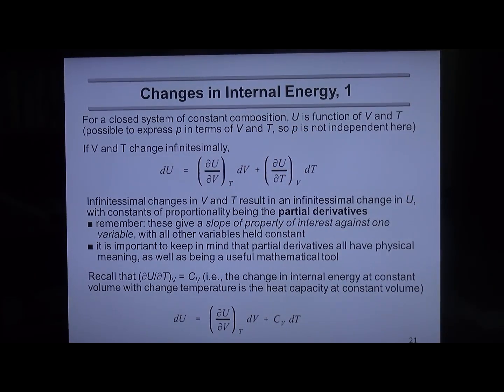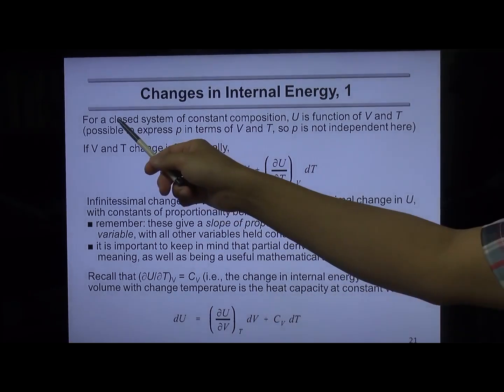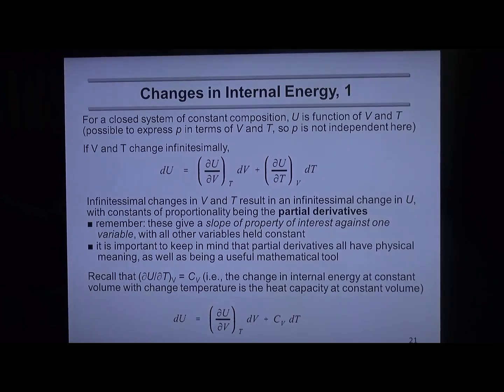You remember from chapter 1 that there are 4 physical variables to describe the state of system, right? Pressure, volume, temperature, and number of moles. And we fixed number of moles. So there are 3 variables remaining: pressure, volume, and temperature.